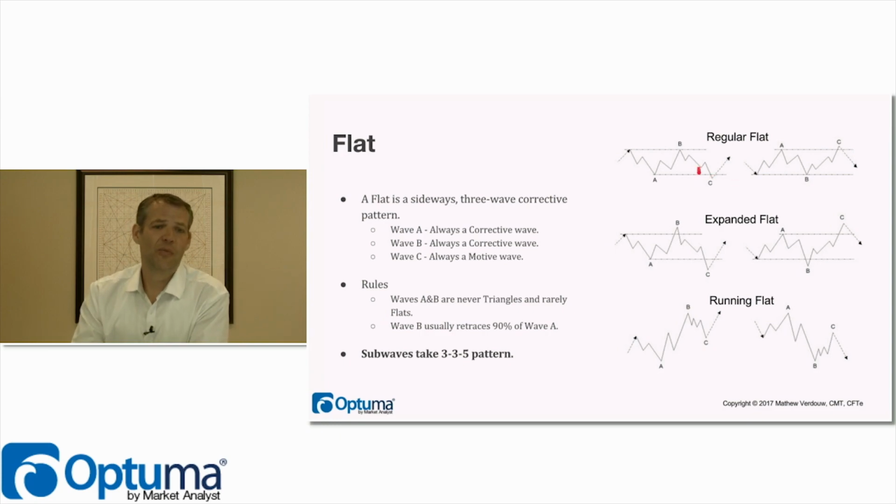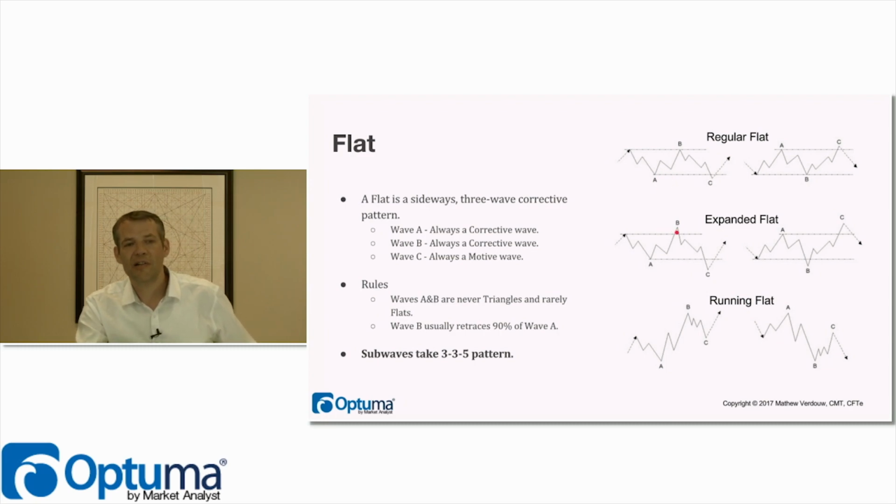In this case, what we've got is 3-3-5. So again, make sure you memorize that, because there's always questions about this sort of stuff in the exams. But that's how you know that you're looking at a flat and not a zigzag. In the regular flats, B comes back to the start of A, and C goes back to the end of A or the start of B.